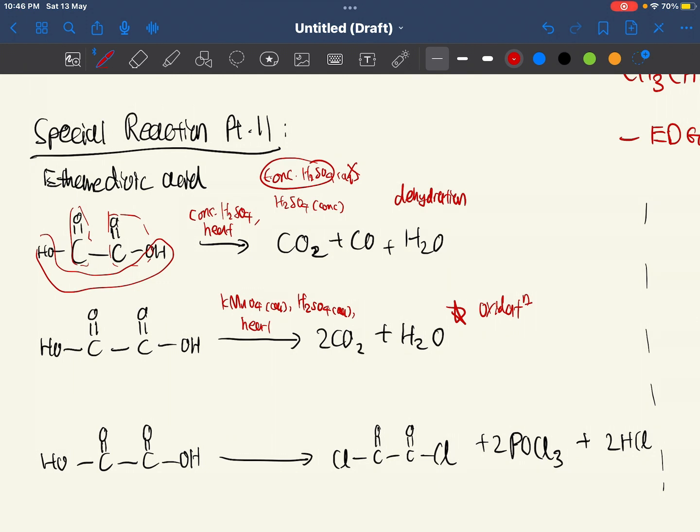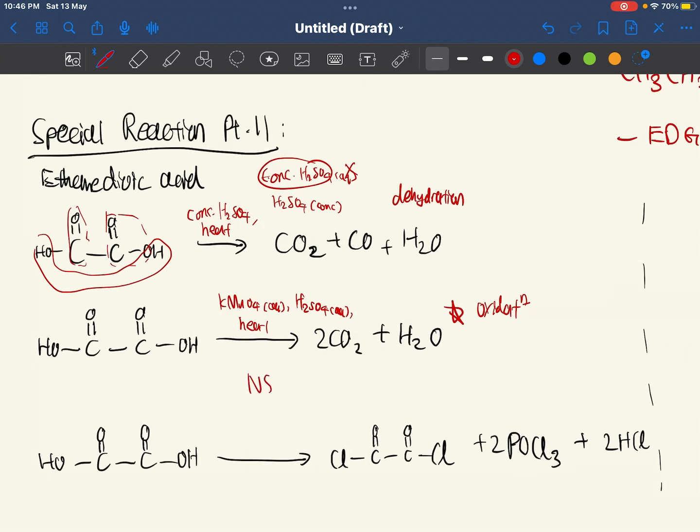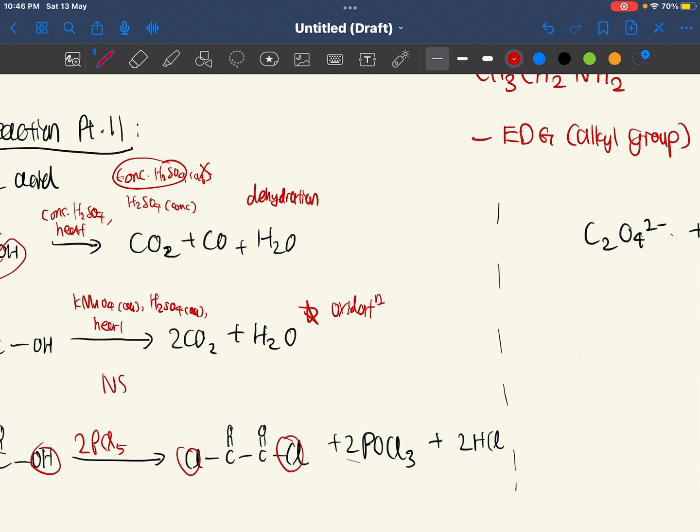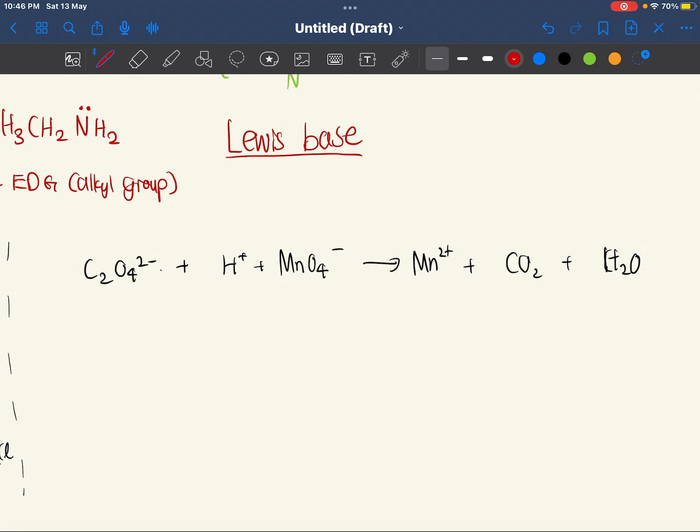Okay, so the next one is our nucleophilic substitution reaction. So over here we just use PCl5, but we need 2 moles of it because we have 2 OH groups to be substituted with our chlorine atoms. So then we have 2 moles of everything else. Okay, then our last reaction, this is under kinetics as one of the autocatalysis reactions.